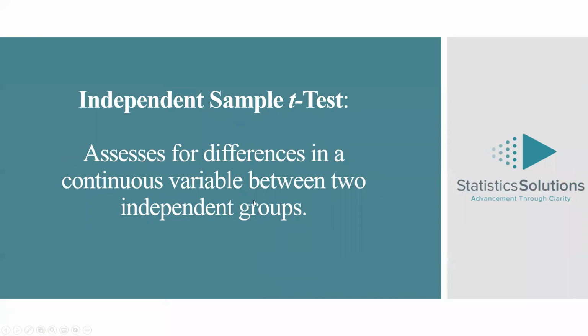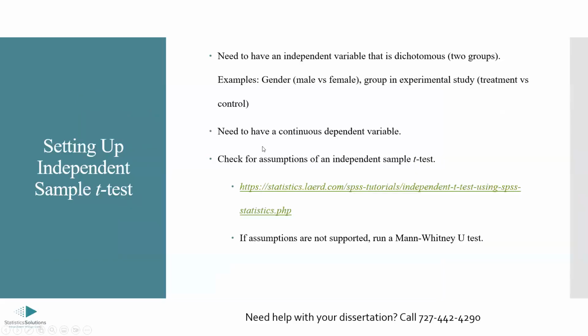All right, so let's look at the t-test first, an independent sample t-test. So this is used when you're looking for differences in a continuous variable between two independent groups. All right, and setting up an independent t-test, you need to have an independent variable that is dichotomous or binary, kind of means the same thing. But you need to have two independent groups.